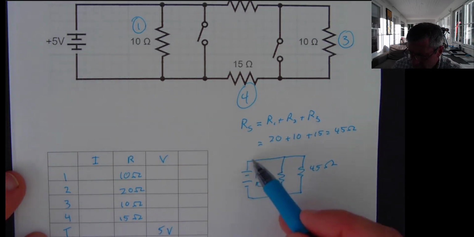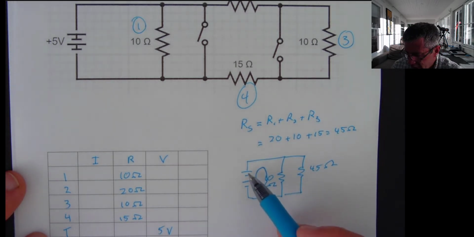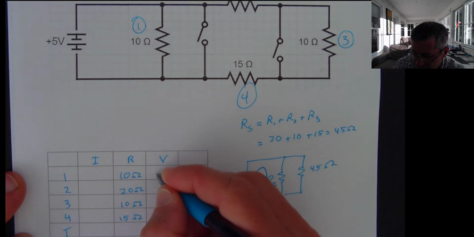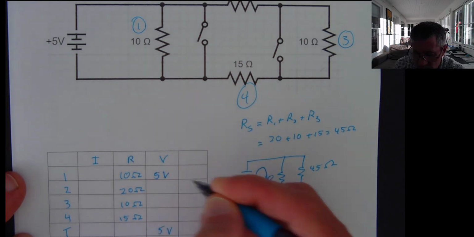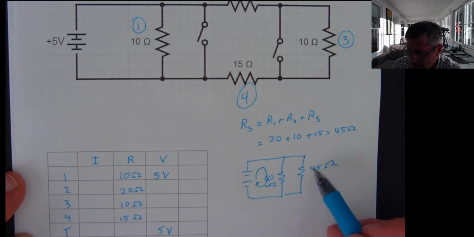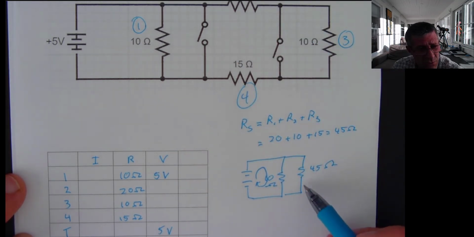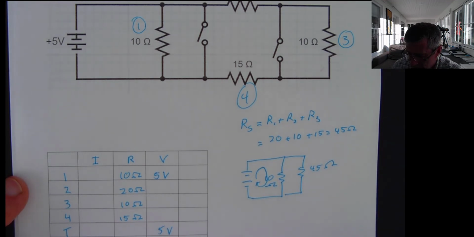In my loop, my voltage gain must equal my voltage loss. I have a 5-volt battery that's generating 5 volts, so I must be losing 5 volts across this resistor. So I know resistor 1 is going to have a voltage drop of 5 volts. Now this one I just made up, so I don't know, but the total voltage drop across all 3 of these needs to be 5 volts, and we can check that and see if that works out. But not quite there yet.